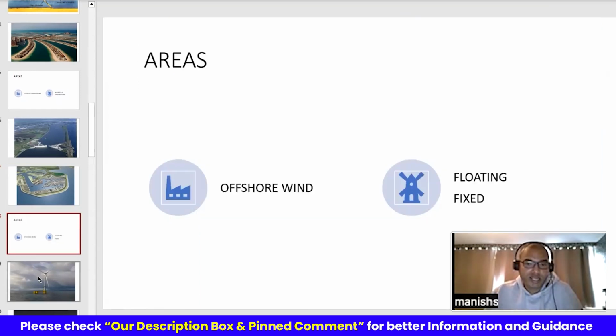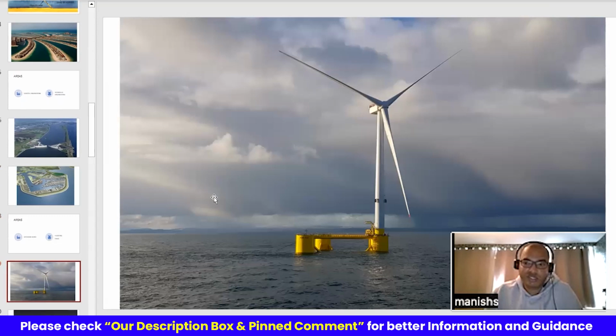I have one more area which is right now very, very important. This is the offshore wind industry. In India, we are not likely to see offshore wind in the next 10 years, but this is a very important domain in ocean engineering now, because in Europe, 800 fixed offshore wind turbines will be installed in the sea every year for the next few decades to meet the energy requirements and cut the emissions.